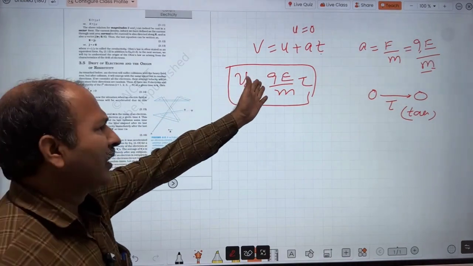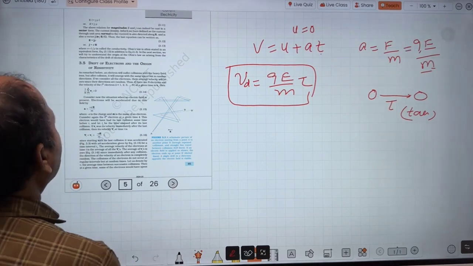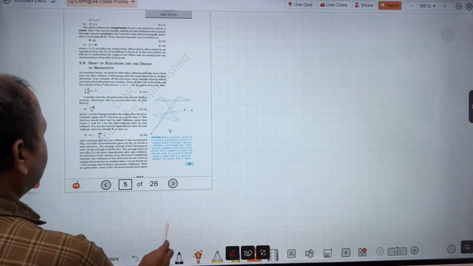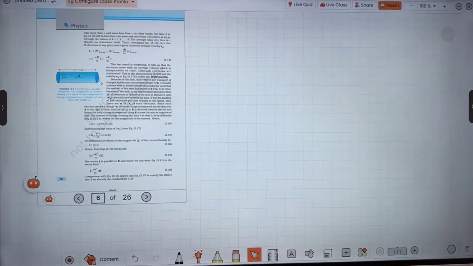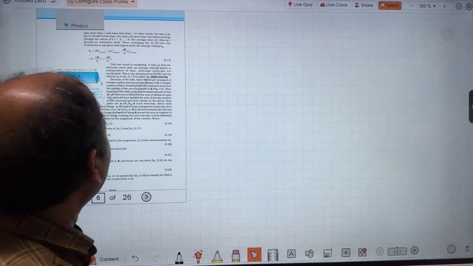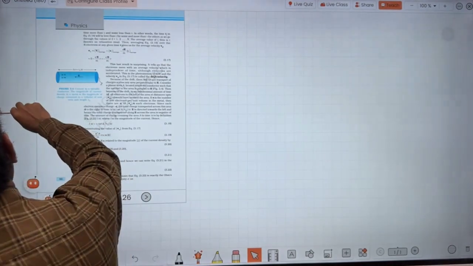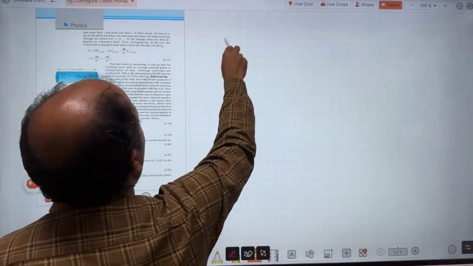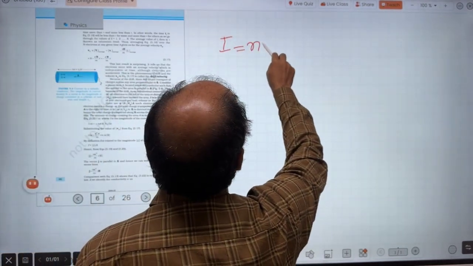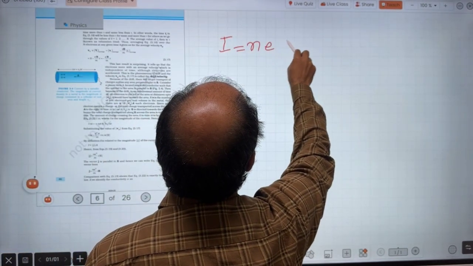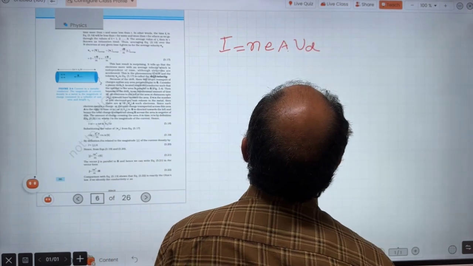Now Q can be replaced by minus e for electronic charge, but it's okay, I have written it in terms of magnitude. Now, if we want to relate it with the current density, what can we do? I is given by n times electronic charge times A, the area of cross section, into Vd.